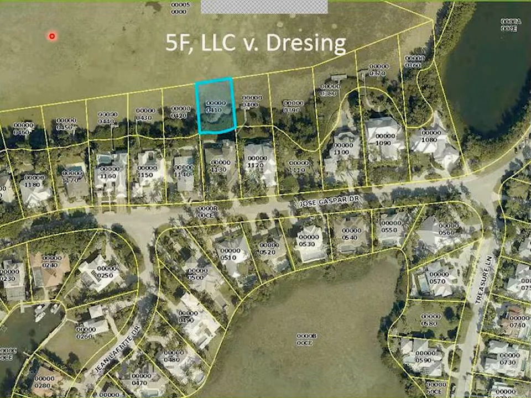Well, the accretion rule does not really distinguish between whether the owner of the land below the water is the state or a private individual. The accretion rule is triggered by the property line being at the high water line. And that line, as we all know, is ambulatory, as we'll see in another case down the road. So I don't think it matters.